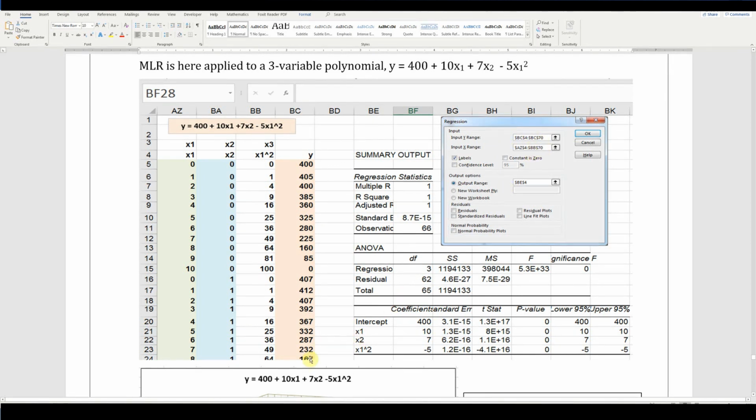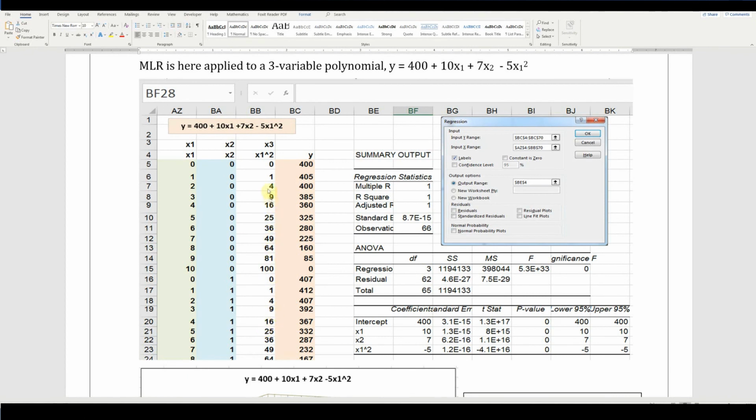There's more data than you're presented with here. And for the x values, we go from AZ5 or AZ4 to include the labels all the way down to BB70. And once again, Excel correctly returned the coefficients and intercept as shown.